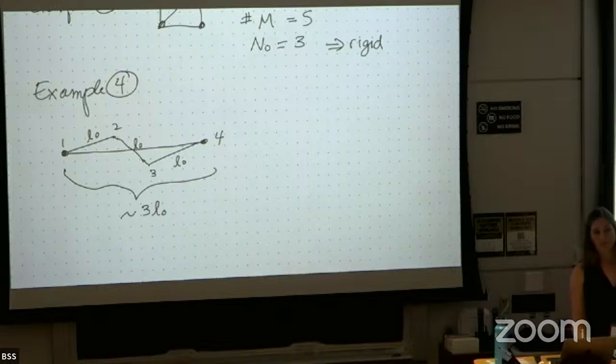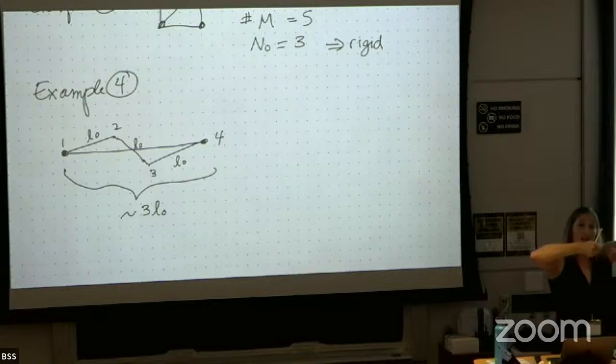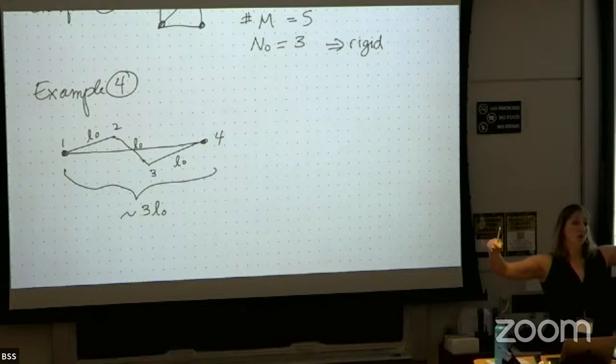And you all know that if I move it past 3 times the rest length of the springs, this thing is going to be rigid. If I take 1 and 4 and displace them so that the length between them is greater than the rest lengths of the springs 1 to 2, 2 to 3, 3 to 4, it's going to be rigid.